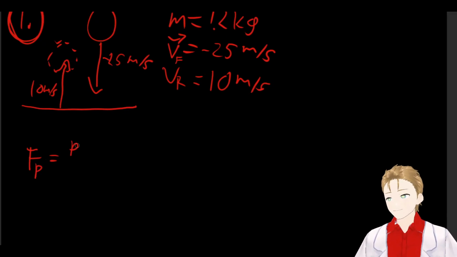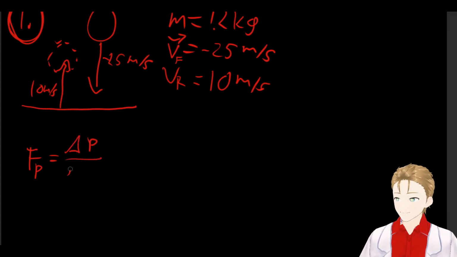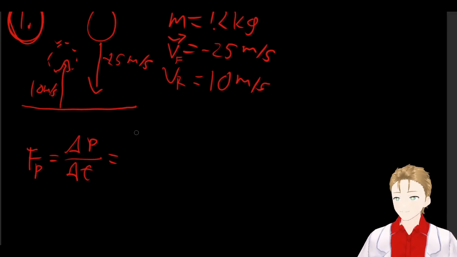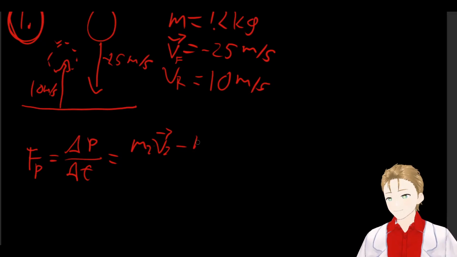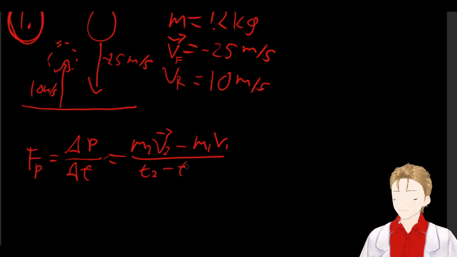So this is a change in momentum over change in time, and momentum was mass 2 velocity 2 minus mass 1 velocity 1 all over t2 minus t1. Is it? I guess. Yeah.